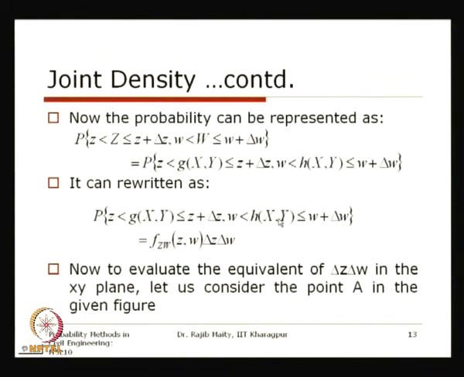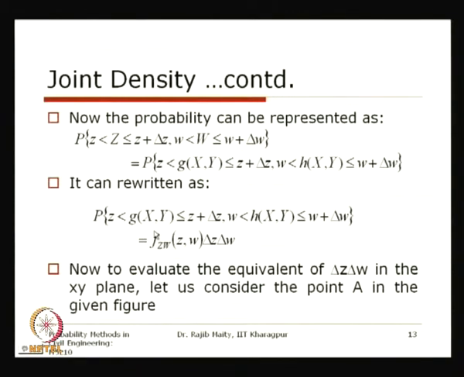If these values are in this small area of delta z and delta w, that is equal to the probability density at that point, f_ZW(z,w), multiplied by that elemental area. Area, because we are talking about two random variables. So the density multiplied by this small elemental area will be the total probability.